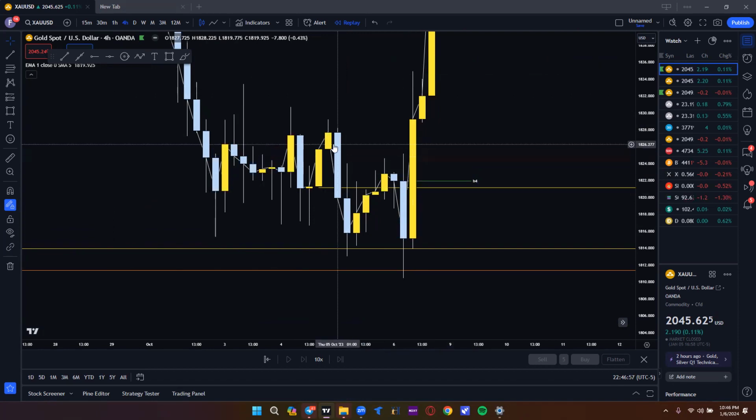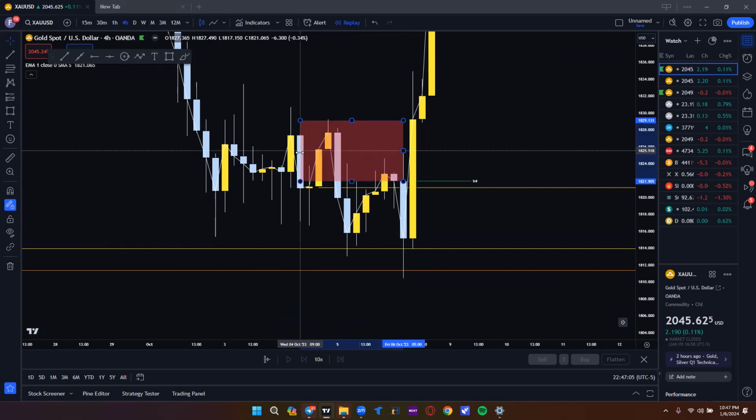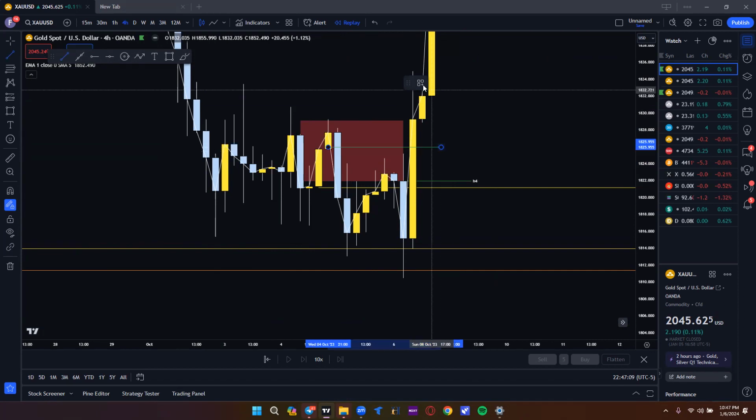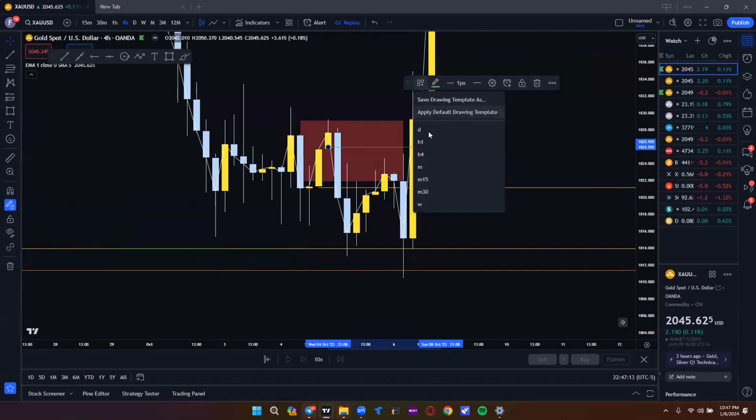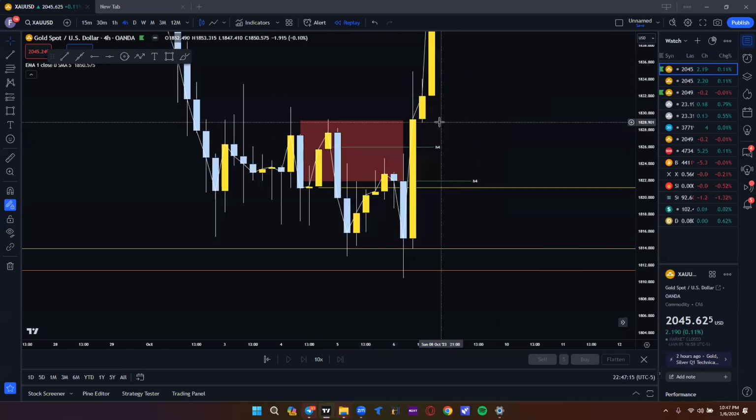I mark out decision levels. So I will see that this movement on H4 is closed above this guy right here. So when I see that happening, I will look for evidence on H1.